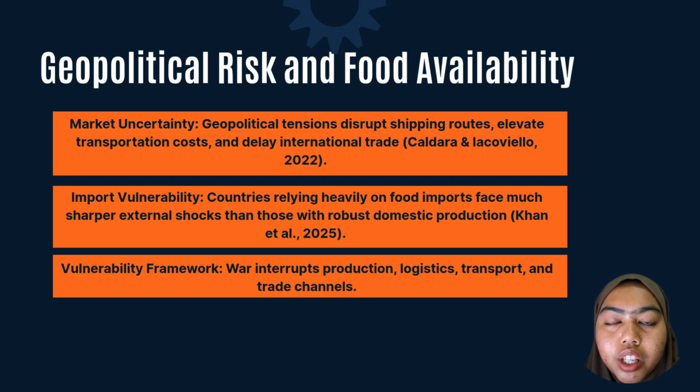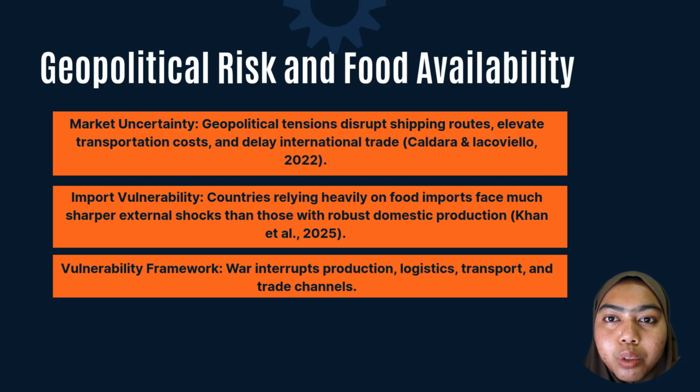Furthermore, contemporary studies in 2025 proved that countries with a high reliance on imported food products suffer far worse from external shocks compared to nations with robust domestic production systems.